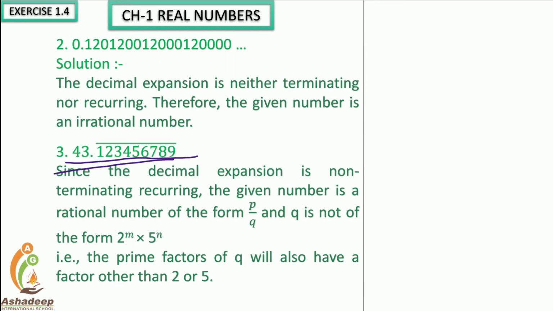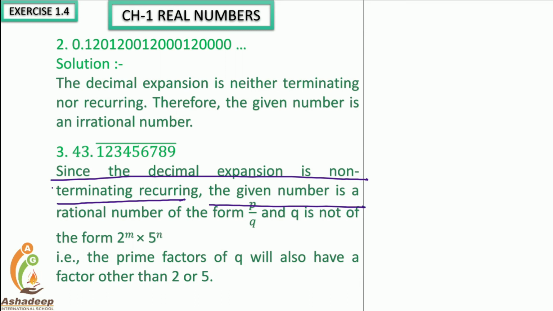Here, see, this is non-terminating because this is the bar. If it has a bar, it is non-terminating but recurring. Since the decimal expansion is non-terminating recurring, the given number is a rational number in the form of p by q, but q is not in the form of 2 power m 5 power n.